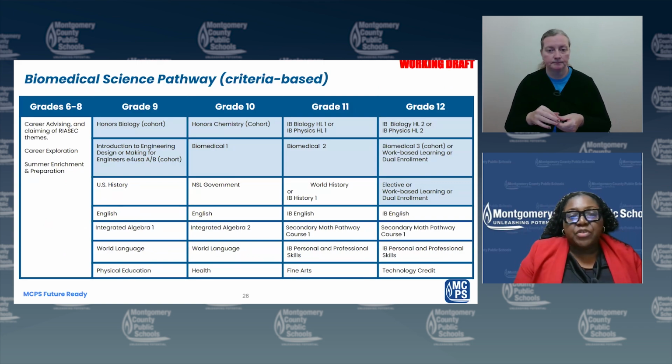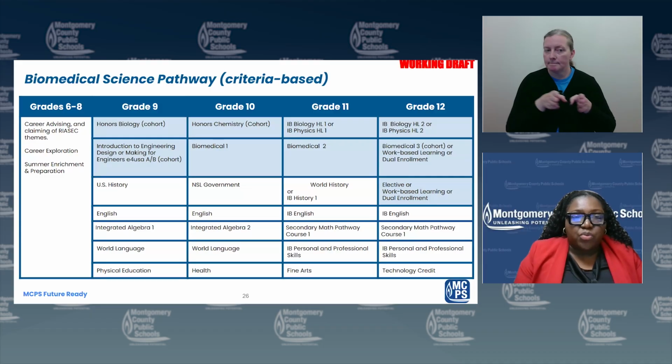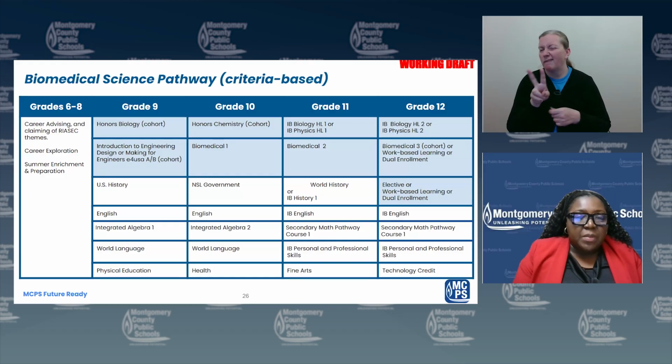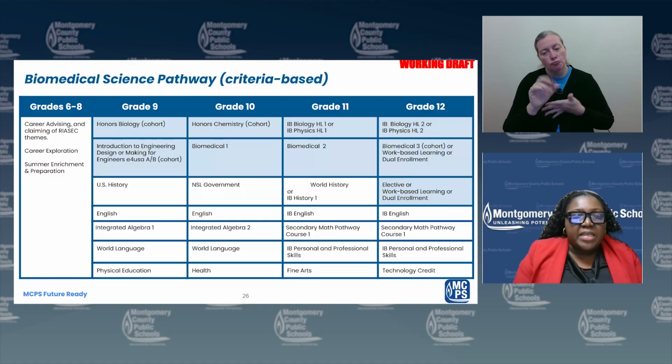We have 2 sample pathways looking specifically at the school, which in this case is Rockville High School. The first pathway we want to look at is the biomedical science pathway, which is a criteria-based pathway. As you look, you'll see grades 6 through 8.